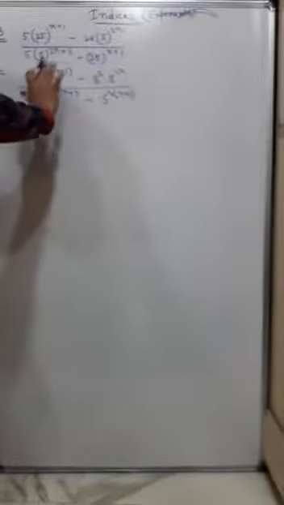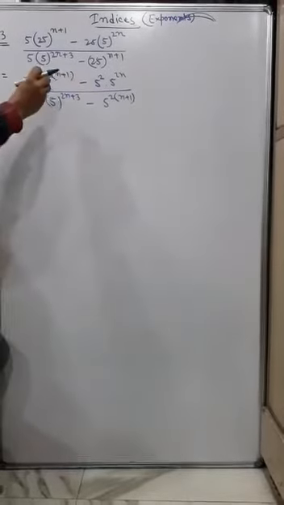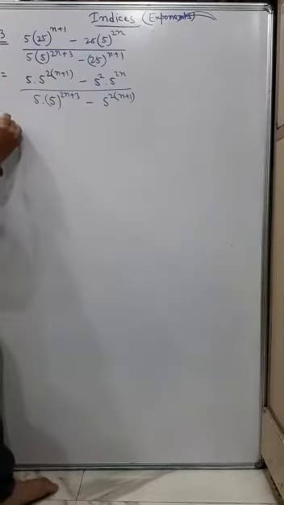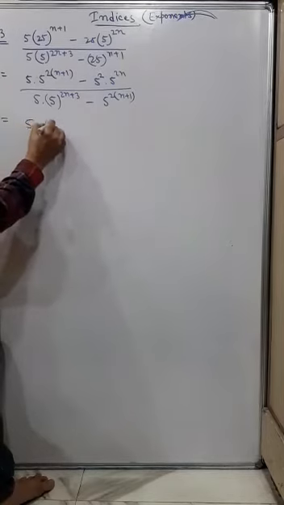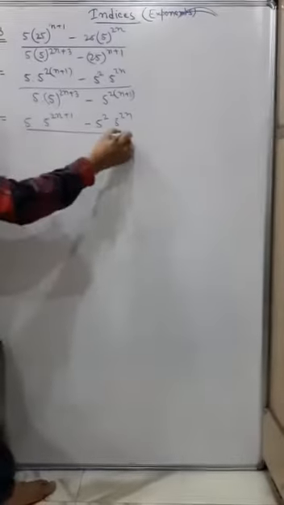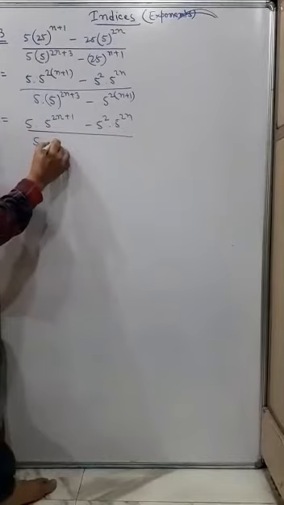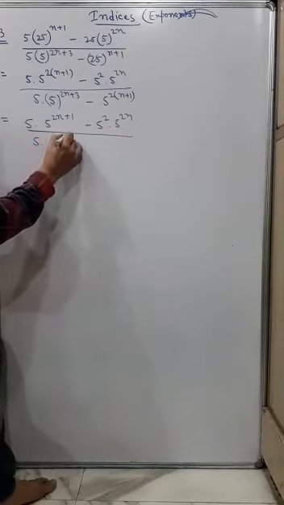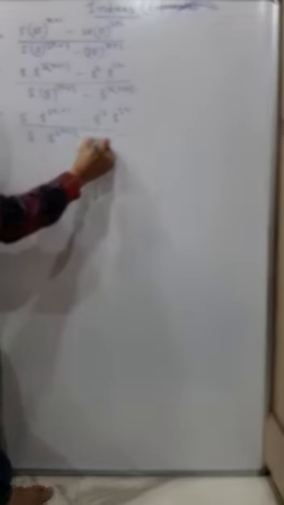Now slowly we'll just simplify this and then we'll split it. So you can see you are getting here 5. Now that becomes 5 to the power 2n plus 1, 5 to the power 2 into 5 to the power 2n. Again you get 5. You get here 5 to the power 2n plus 3, and 5 to the power 2n plus 2.